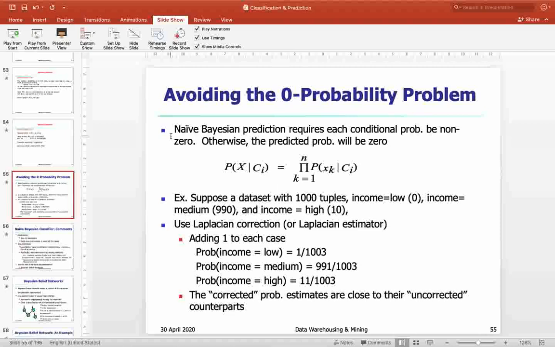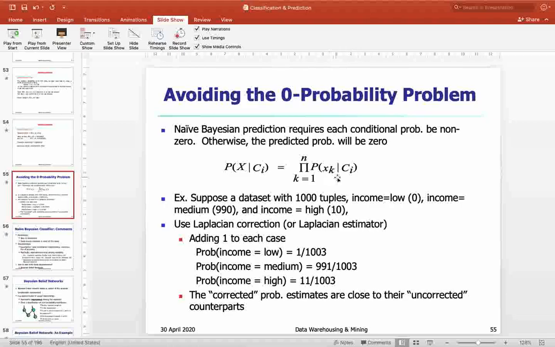Means there is no training tuple set for which the class label is no, right? Means for some value, this is the multiplication of P(xk | Ci).